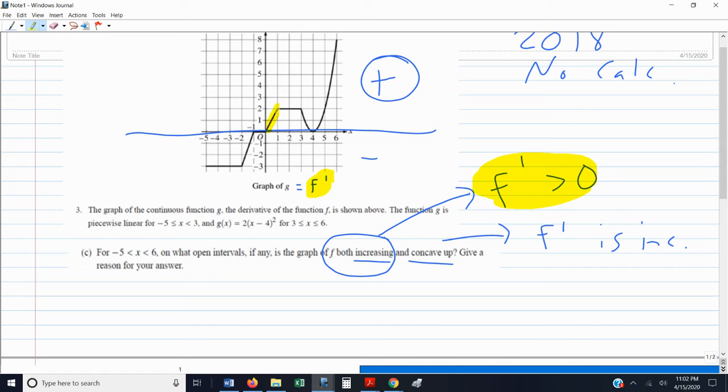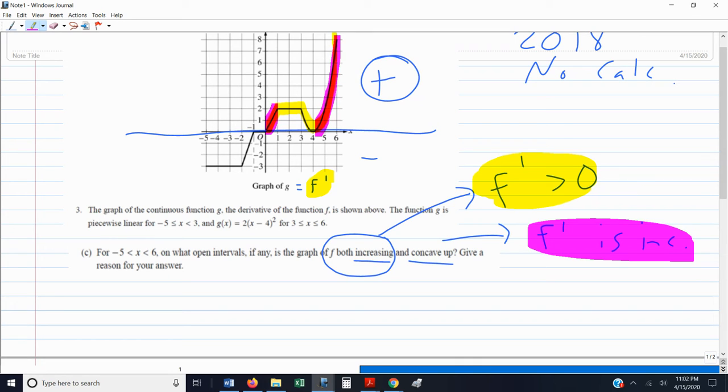So that's going to be all of this, where f prime, I'm looking at the graph of f prime, is greater than 0, where it's highlighted yellow. However, I'm also looking for, where is f prime, the graph I'm looking at, increasing? So I have increasing in the spots that I just highlighted.